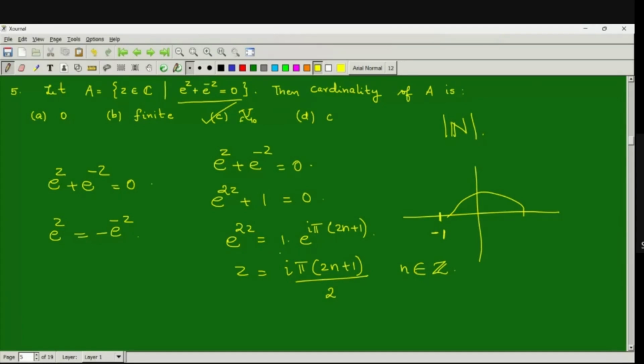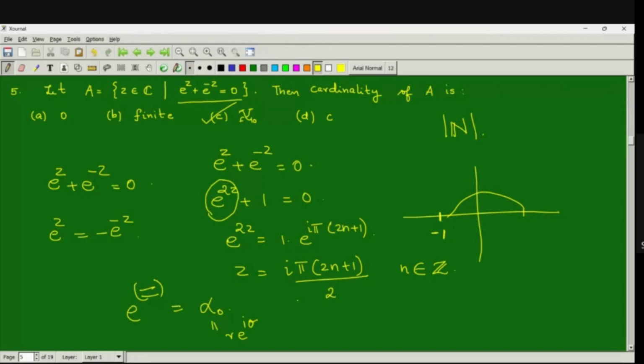What can we do next? Nothing can be done. So the idea is to get something like e power something equal to a complex number. Then there is a way to solve, because the polar representation exists.